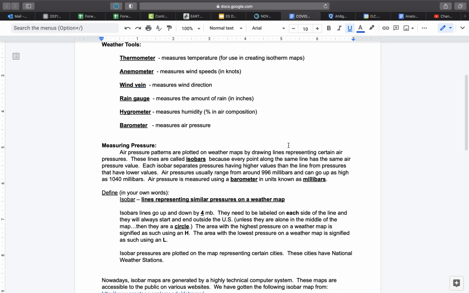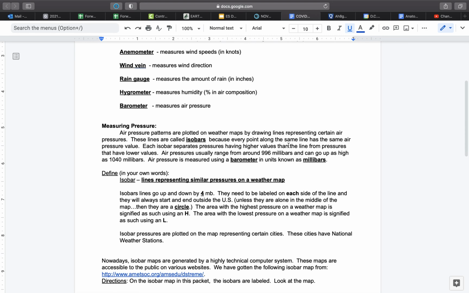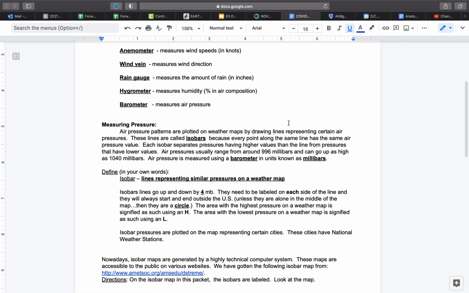So speaking of measuring pressure, that is going to bring us into our short discussion on isobars. Previously we talked about isotherms, which were lines on a weather map that separated areas of colder temperatures from warmer temperatures. Well, now the main difference here is that instead of talking about temperatures, now we're talking about pressures.